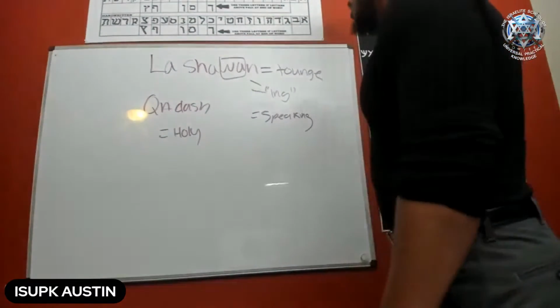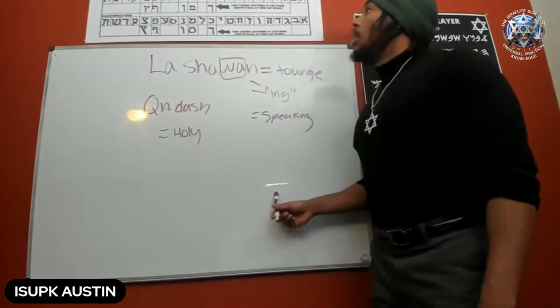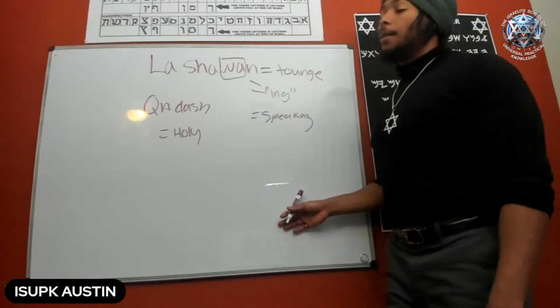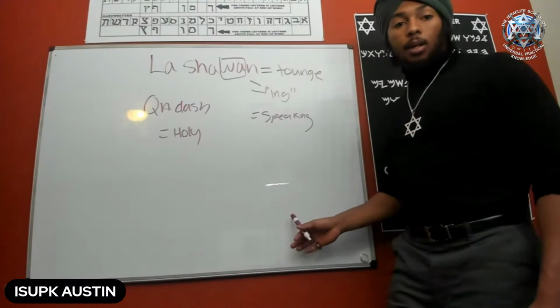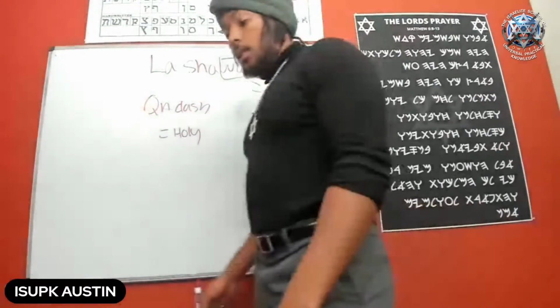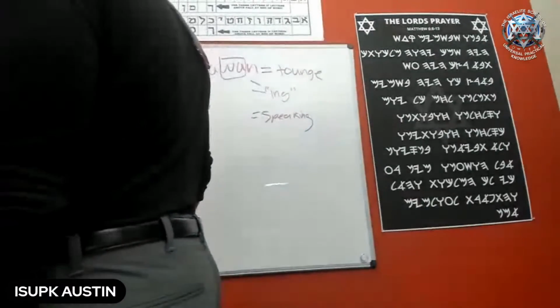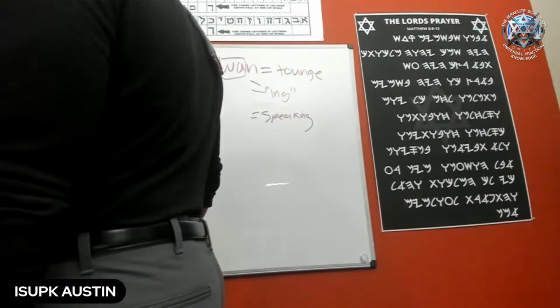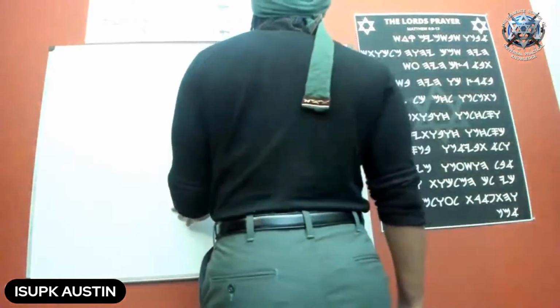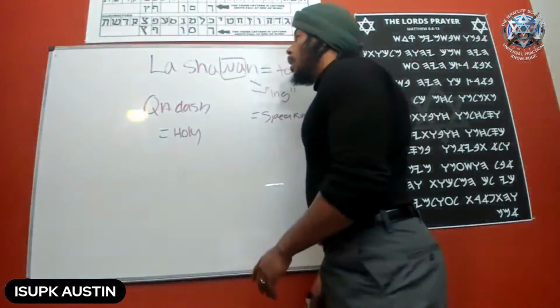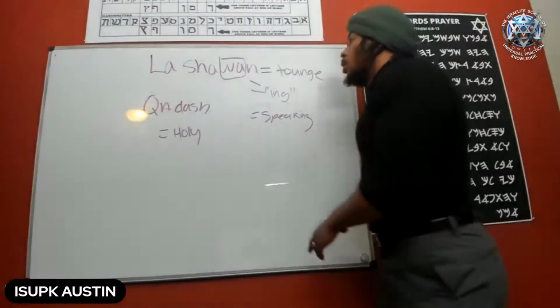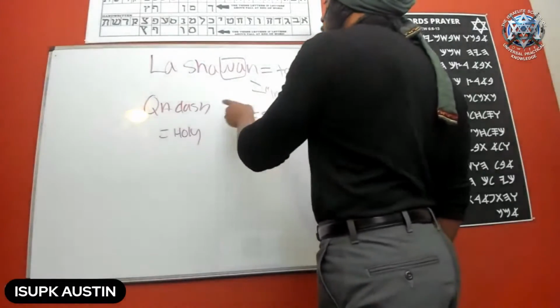All right. Let me think if I'm missing anything I want to cover. Let's see. We went over the previous class, right? We had the pronouns and possessive pronouns. We went over wa, was it ing? We went over ya.